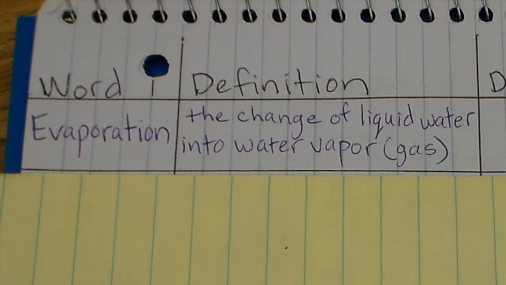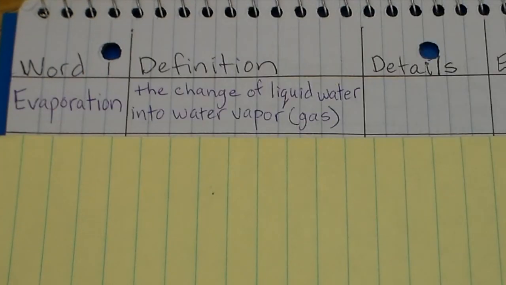Realize, because we're talking about the water cycle, you're seeing me mention water and water vapor. But evaporation can happen for any substance, right? It's the change of a liquid into a gas. So what we're going to write in the details is how or why this happens. If you think back to our last unit, the reason that atoms start moving and changing from liquid position into gas position has to do with an increase in temperature.